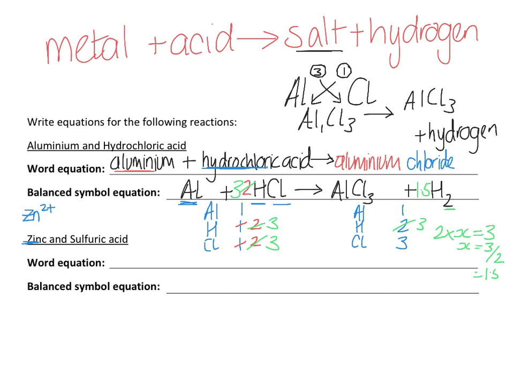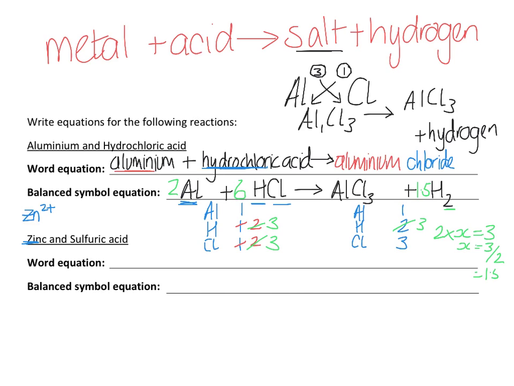And so what I do to fix that is I just multiply everything in my equation by 2. So I multiply each of my balancing numbers by 2. So now, instead of having 1 Al, I have 2 Als. Instead of having 3 hydrochloric acids, I now have 6 hydrochloric acids.